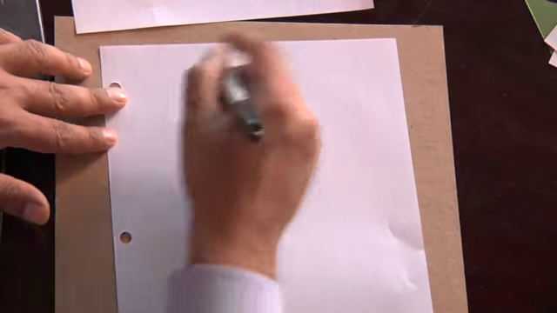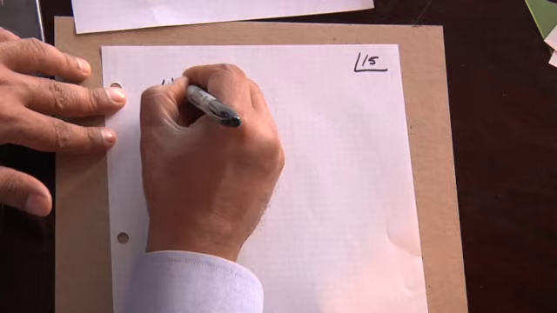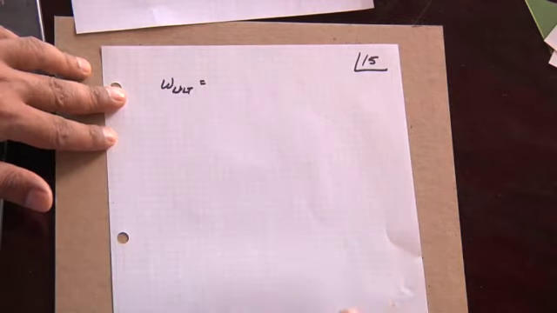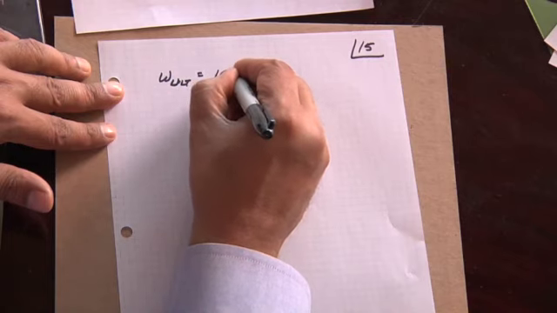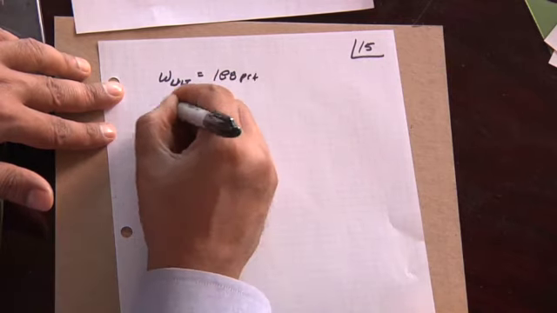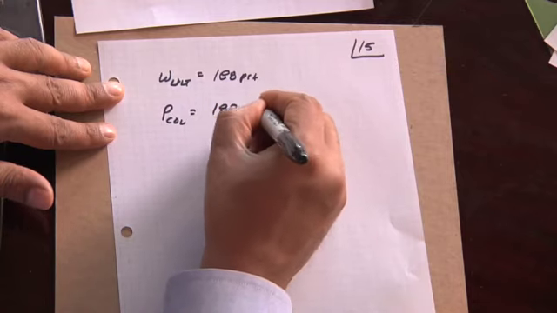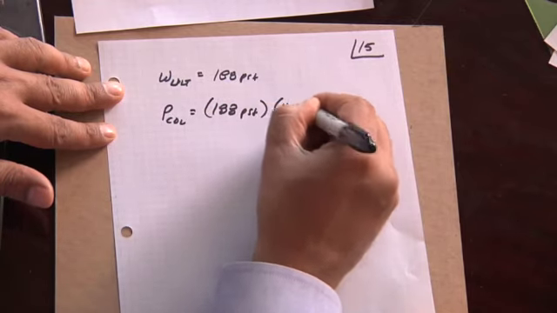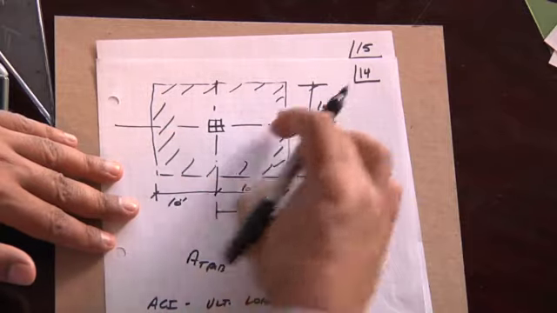And so the column load is 188 PSF times the tributary area, which is 400 square feet, because as we discussed earlier, that tributary area is based upon that equal grid spacing.